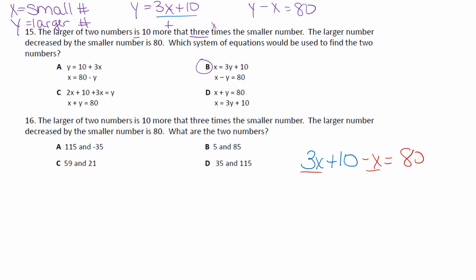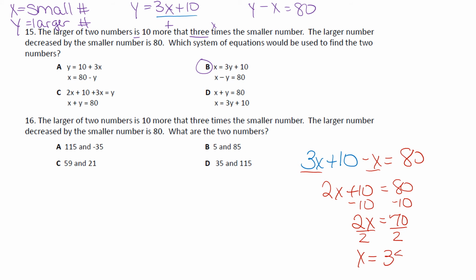We're going to combine our like terms, so that's going to be 2x plus 10 equals 80. Subtract 10 on both sides. So 2x equals 70. And then we need to divide both sides by 2, and x would be 35.